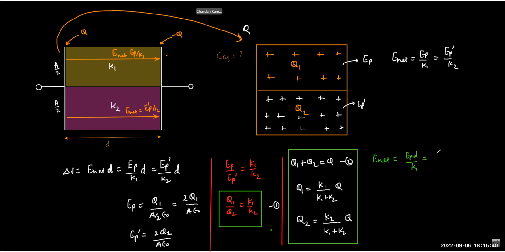EP is how much? 2 Q1 by A epsilon into K1. And basically, the net turns out to be how much? The D will not come. I just wrote a D here.